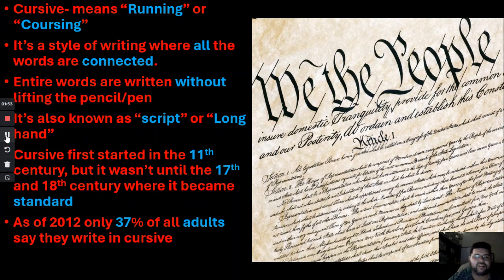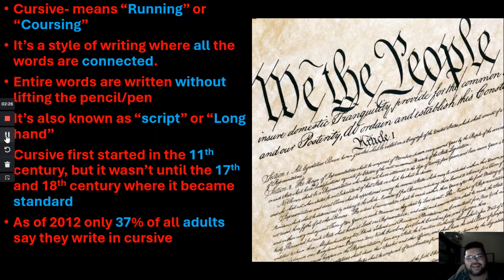Now, cursive comes from a word meaning running or coursing. It's a style of writing where all the letters are connected. Really, it should be letters are connected, not the words. The entire word is written without lifting the pen or pencil. Like I said in class, do you always have to write with the pencil all the way down through the whole word?